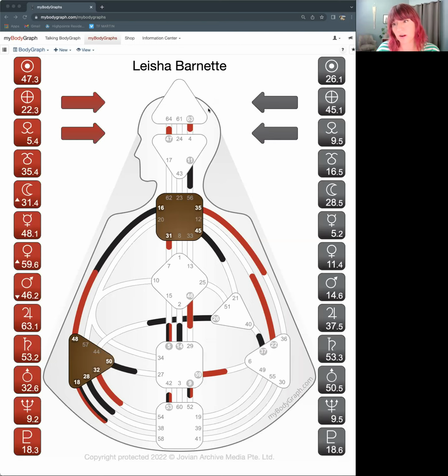If you look, it's going from the head to the ajna to the throat, and the throat is where we speak. It's where things actually come into form. It's where manifestation happens, because now we're speaking and sharing it with someone else, and now it can become something real. So everything from the bottom of the body graph and the top is moving toward the throat to manifest. There's this pressure to communicate and share and talk, and so we're going to do the throat next call in a month. So it makes sense to do them in order.